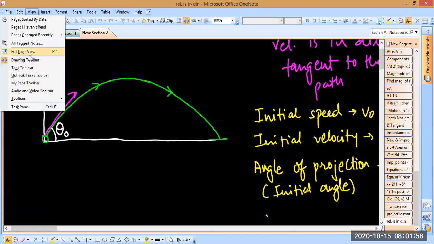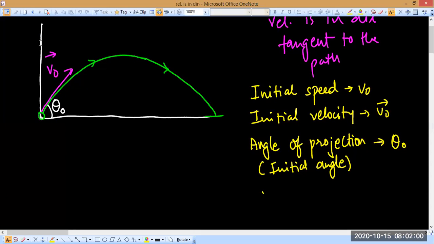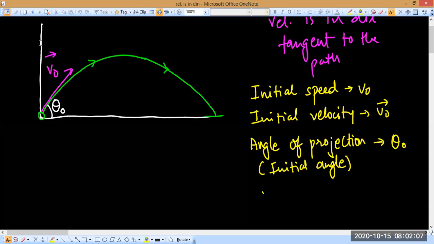Okay, so let's start now. Yesterday we were talking about these assumptions for projectile motion, and we just started discussing the terms. We did the first one, that initial velocity is v0 vector.